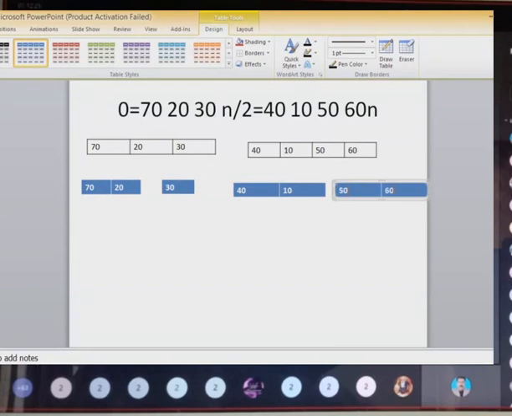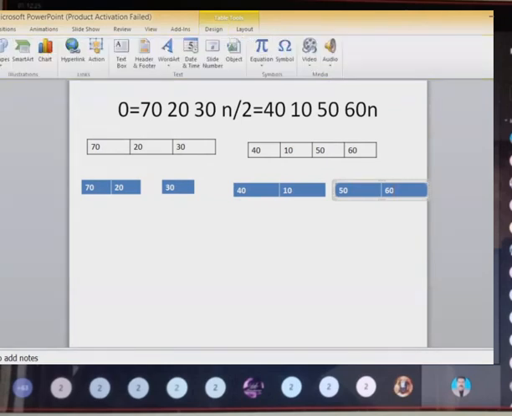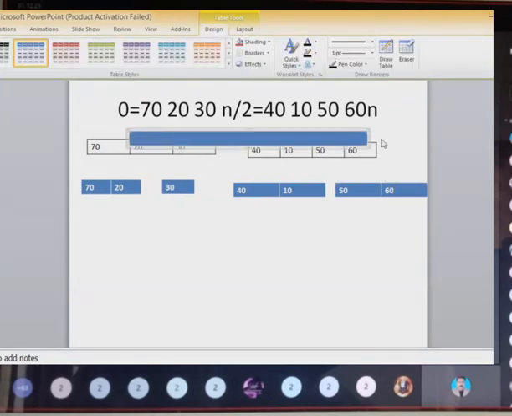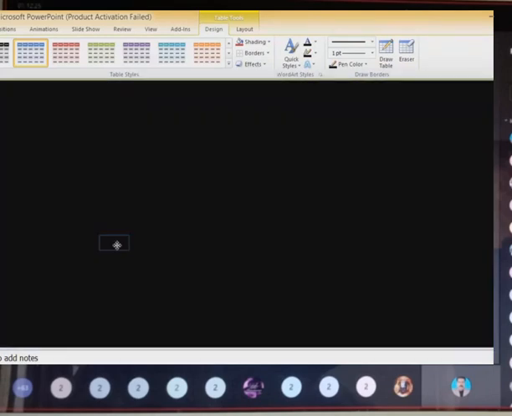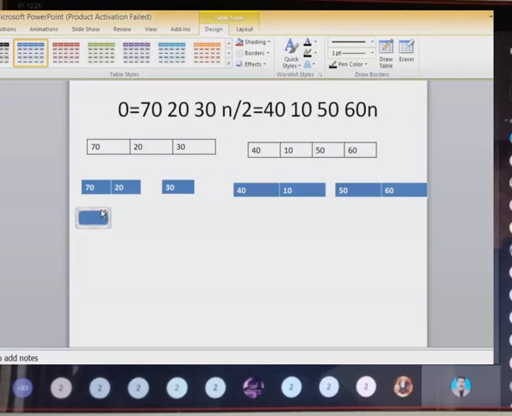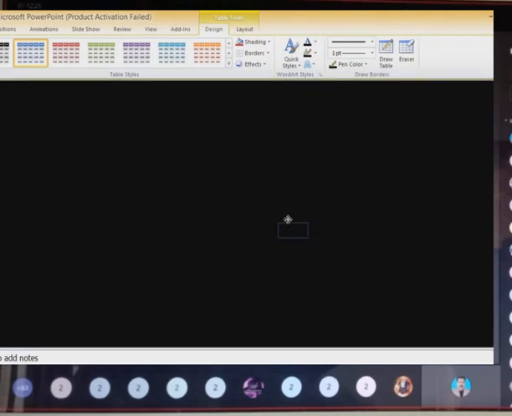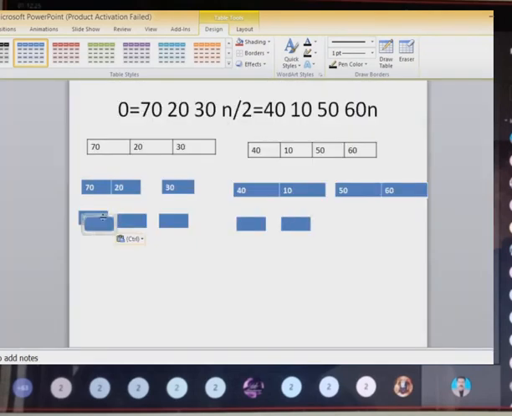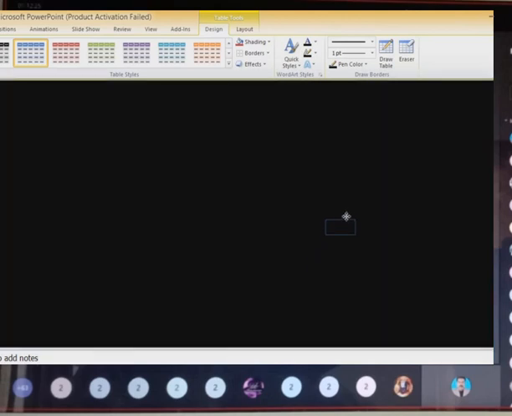Okay. Next, divide the values into single values. Okay, single values.